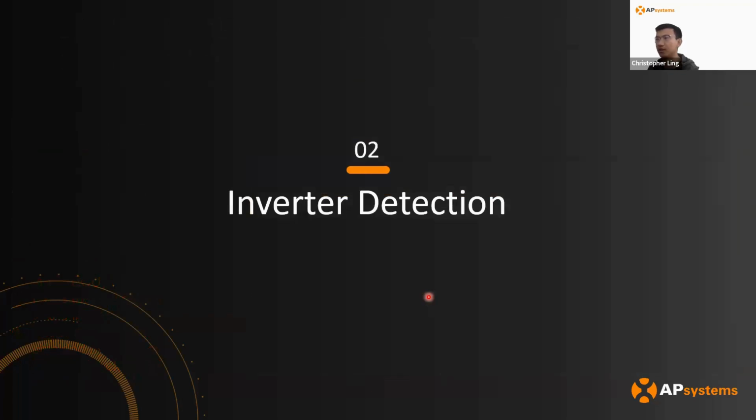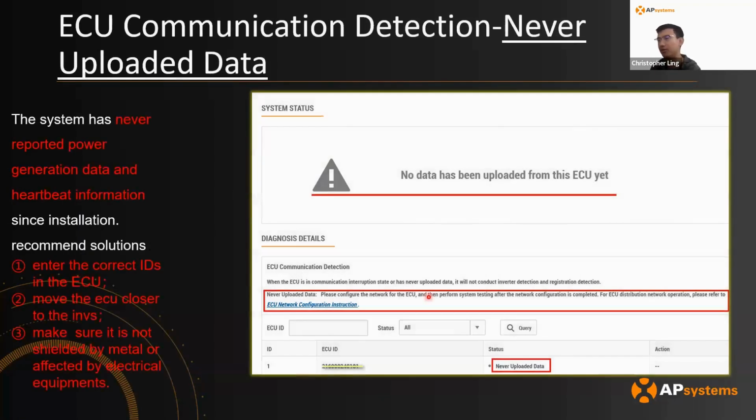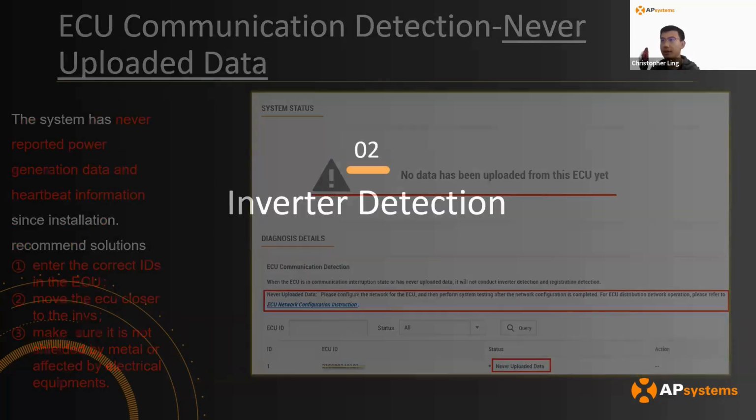In those scenarios, it's good to check not only the internet connection between the ECU and the internet router, but it's also important to see if the ECU is actually connected or talking to the inverters themselves. So that's another thing to make sure of if you ever run into these types of issues. So that's from the ECU communication perspective.